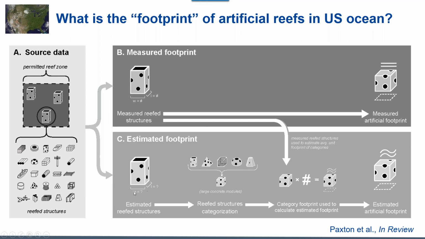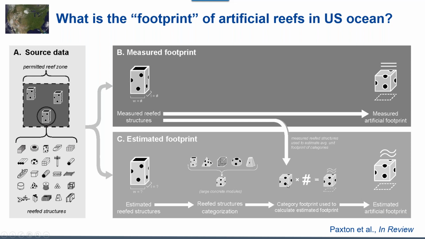So again, we didn't know the dimensions. And so to help overcome this, what we did is we categorized the large variety of structures into about 30 categories. And here's an example of one of these categories: large concrete modules, where multiple different types of modules were combined into this category.